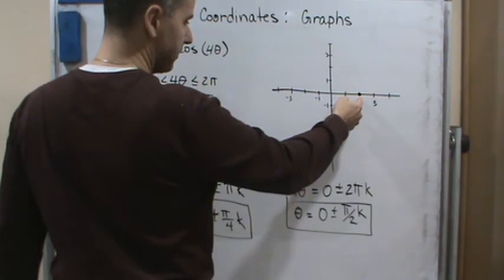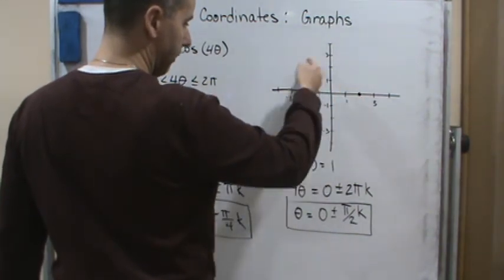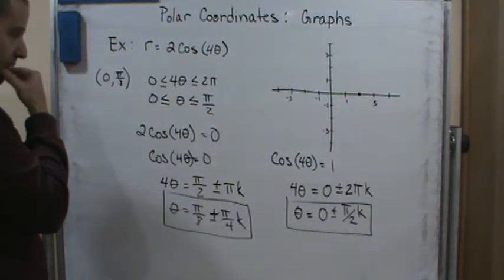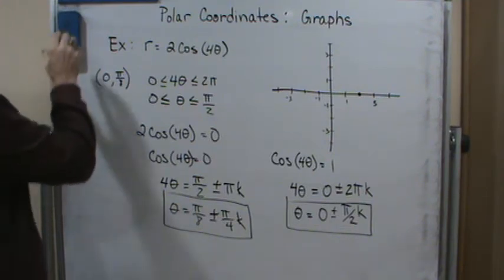If I go up by 8ths, I'm going to go all the way around, and I'll get them all. So let's do that.